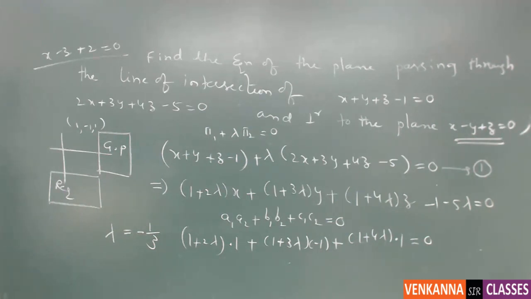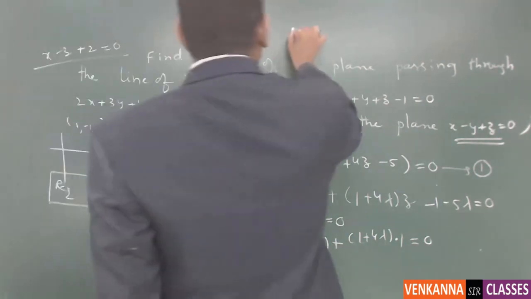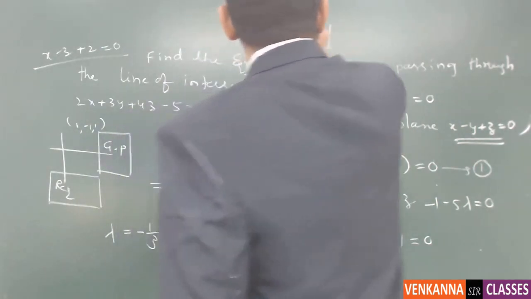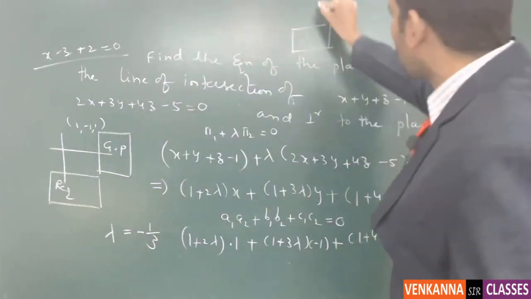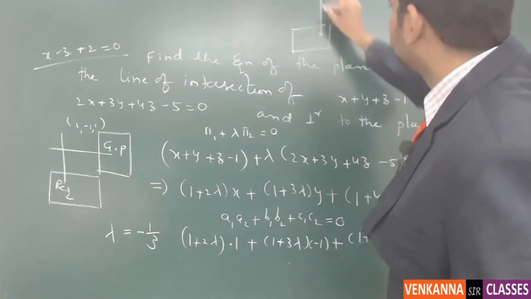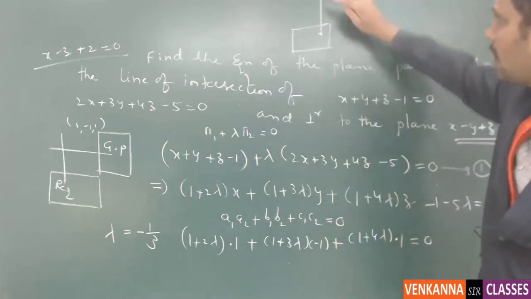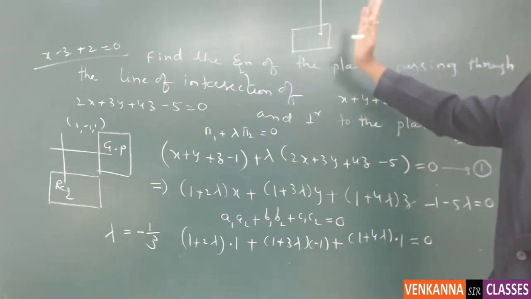Here please understand that whenever you write the plane equation, the coefficients of x, y, z are nothing but the drs of the normal to that plane. So just imagine that you have taken a wooden plank and you fixed an iron rod to it. So the rod is perpendicular to the plane.